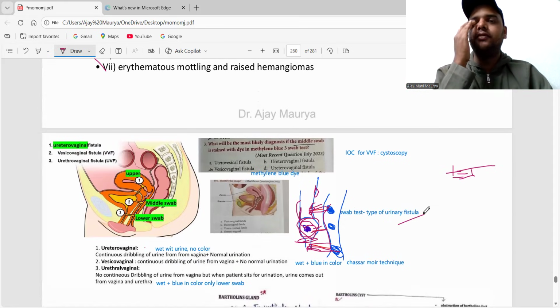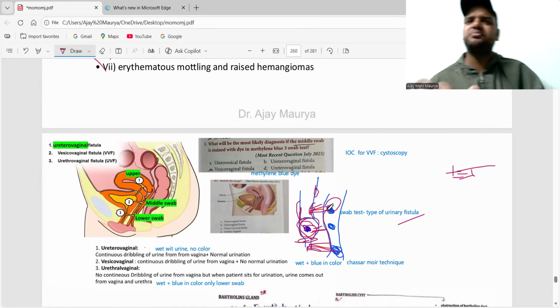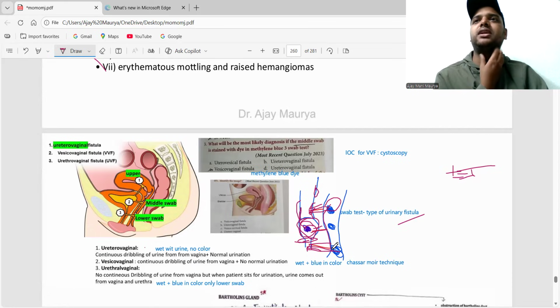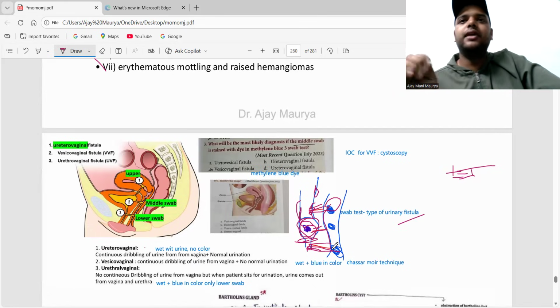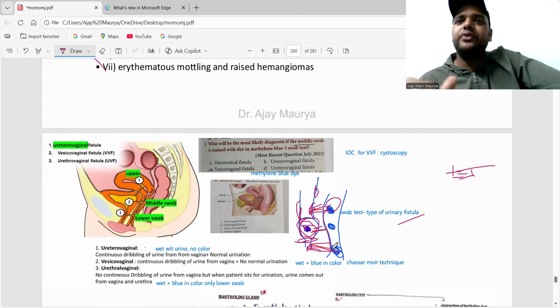We are going to take methylene dye and keep three swabs: one at the upper side of the vagina, the ureter side, the next at the middle of the vagina, and the next at the introitus. These three swabs are with colored water, colored blue.